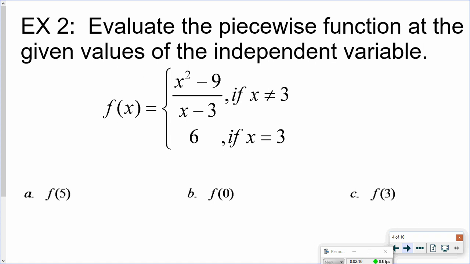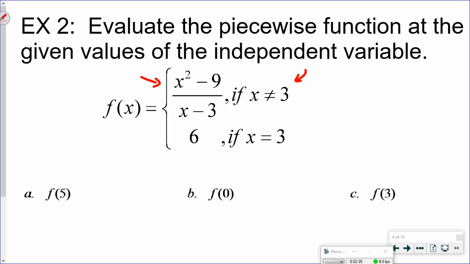All right, so this time I have domain values that can be anything but 3. So this top one says anything but 3. And then the bottom one, if it is 3, then I have the y value of 6. Okay, so for f of 5, well, 5 is not 3, so I'm going to plug that in to the top.